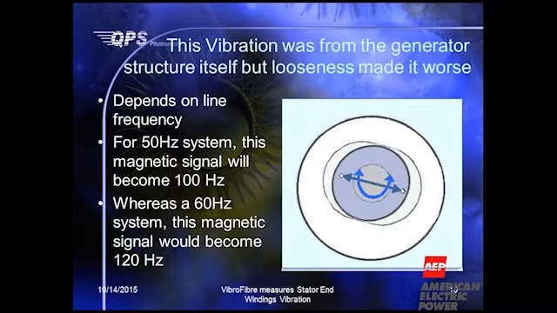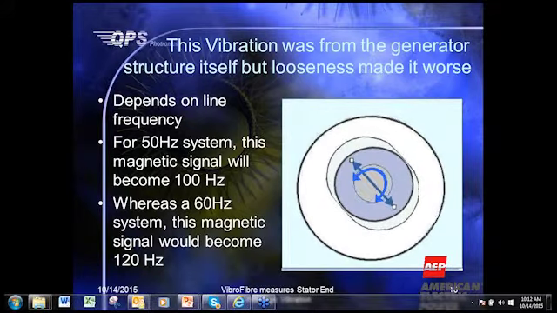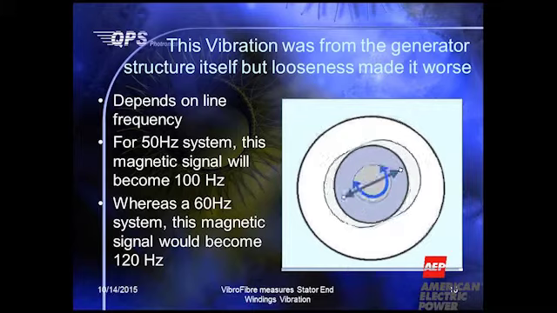And the slide shows that if you have a 50 hertz system, then this 2 times line frequency will be 100 hertz. And let's say in the Perky plant, which is running at 60 hertz line frequency, this particular SEW signal is 120 hertz.